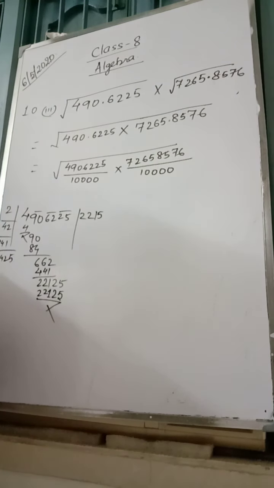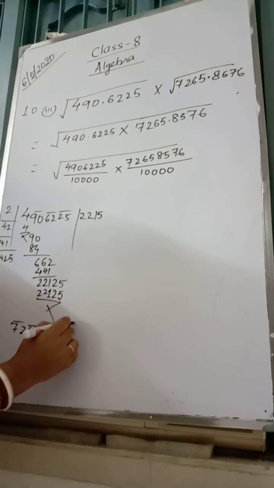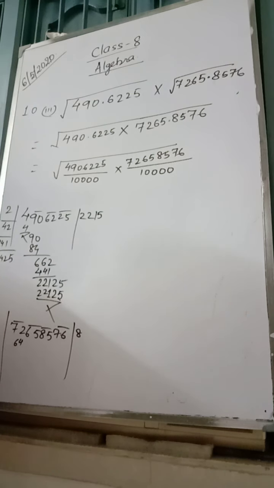Now come to this. 7265.8576, make pairs. 8 8 is a 64. 8 12 8 65, 16 16 5 is a 80. 5 5 is a 25. 5 6 are 30 and 2 32. 825.